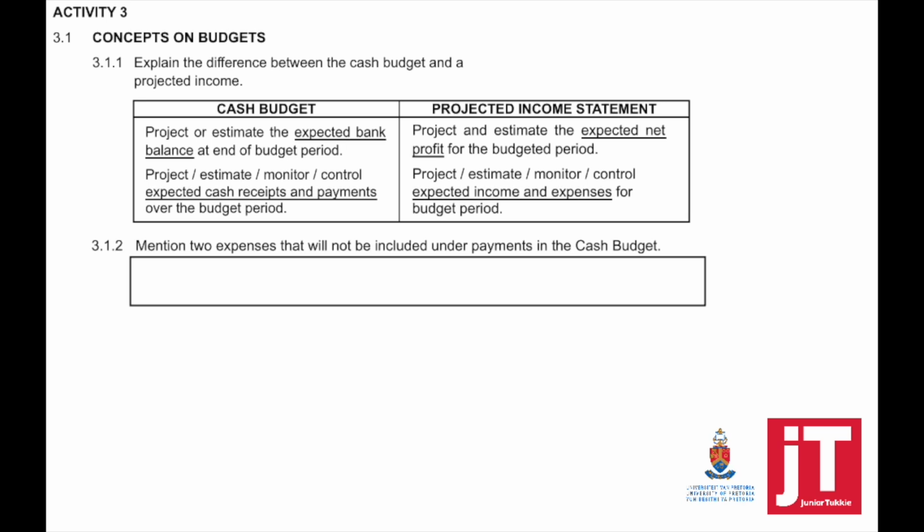It will only appear in your projected income statement. So here they're specifically only talking about expenses. These are examples of expenses that will only appear in your projected income statement: depreciation, discount allowed, loss on sale of an asset, trading stock deficit, bad debts.